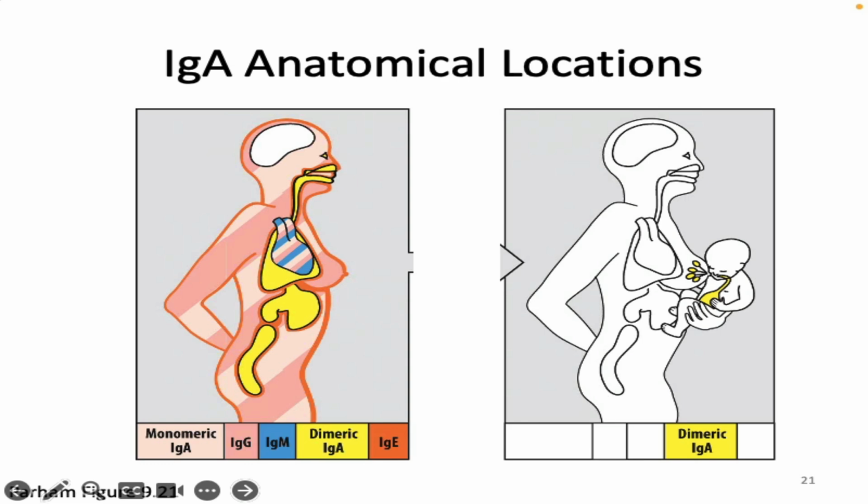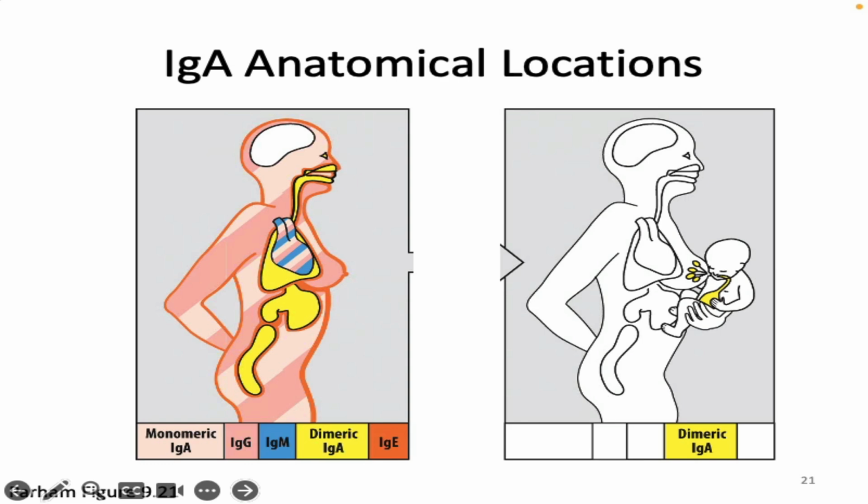And so here you can see this key piece, which has to do with anatomic locations of IgA. IgA is shown in yellow, what I think of as IgA. That is technically just IgA that's in a dimer. You can see that IgA that's in a monomer can be found in lots of places. And that's the one that I often forget about. My friend Steph would be like, remember that one exists too.